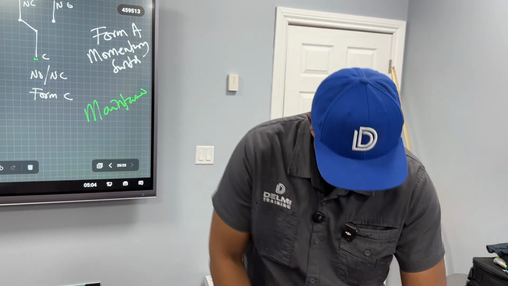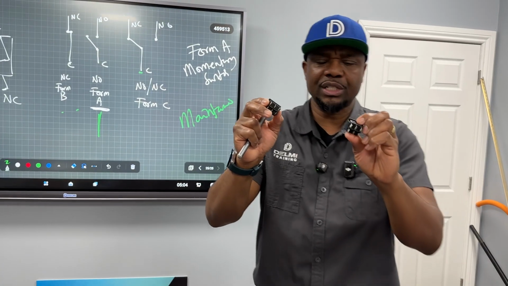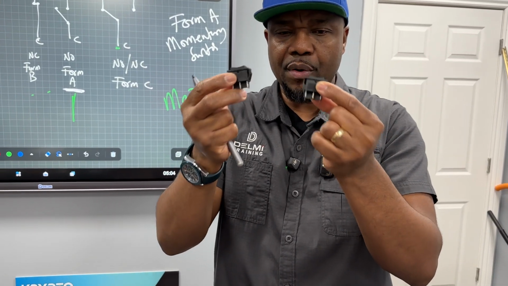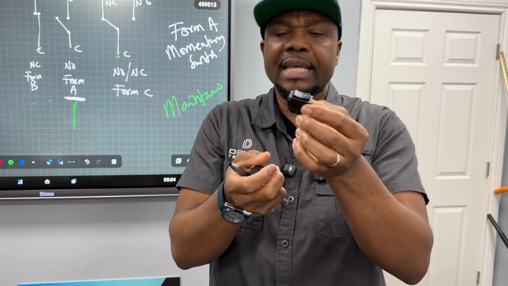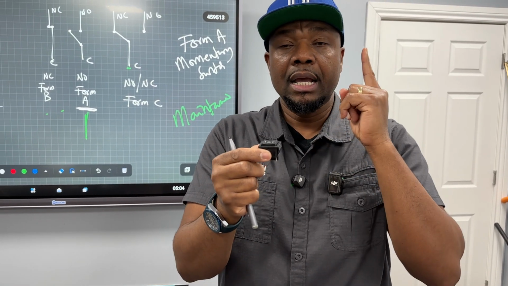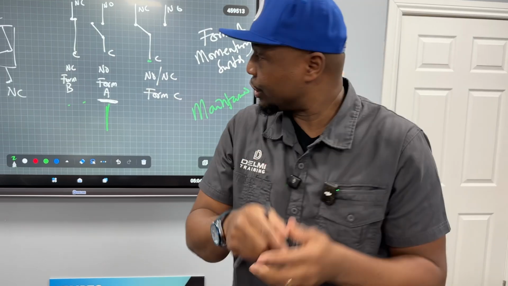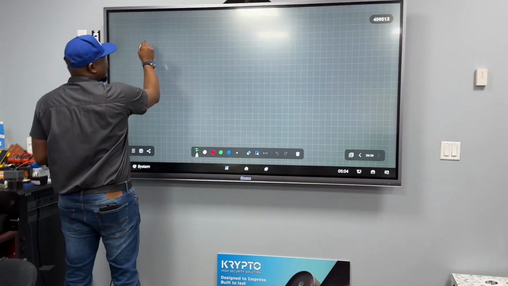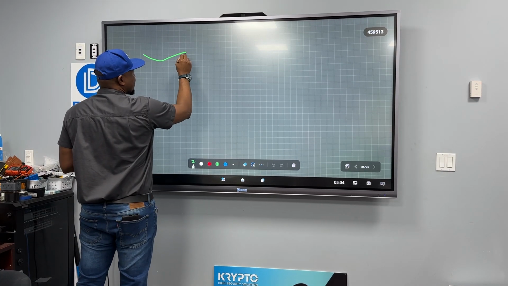So that's it. Now let's look at two types of switches that we have here. These two, we call the rocker switches, but these come in the on, off, on state. This is how the switches look like.